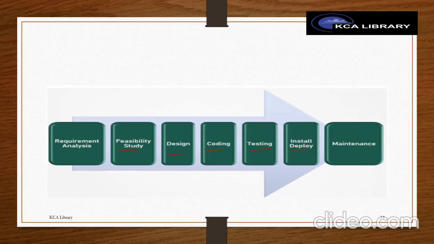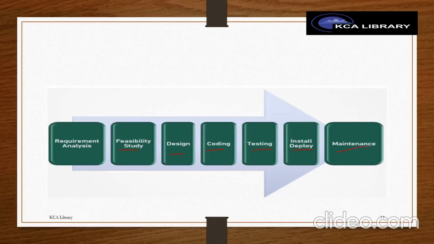Then we have installation and deployment. Once the software testing phase is over and no bugs or errors are left in the system, the final process is deploying the system. Based on the feedback given by the project manager, the software is released and checked for deployment issues, if there are any.